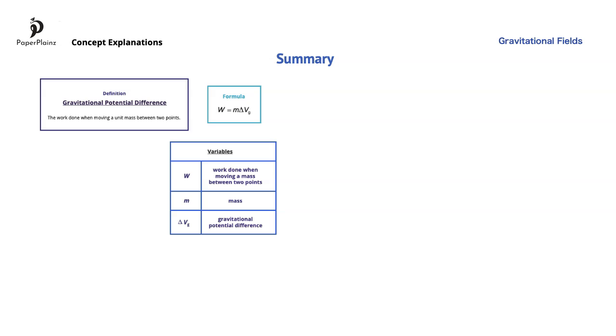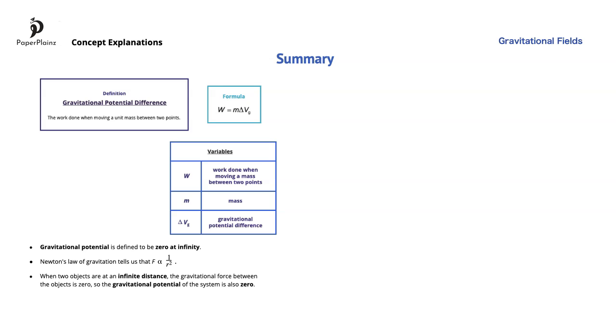Moving on to gravitational potential, we said that it is defined to be zero at infinity, and recalled Newton's law of gravitation, which tells us that the gravitational force between two objects is inversely proportional to the square of the distance between the objects. From these two statements, we deduced that when two objects are at an infinite distance, the gravitational force between the objects is zero, so the gravitational potential of the system is also zero.